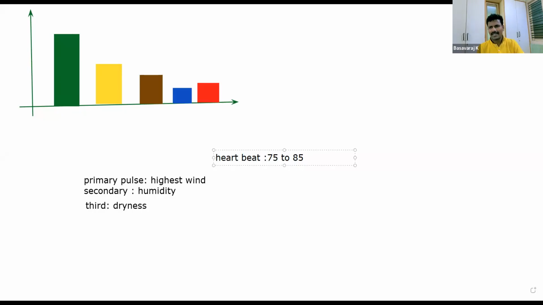The cardiac graph indicates whether you are placing equal sensor pressure on the radial artery for 20 seconds. If pressure varies in between, your cardiac graph won't be straight.